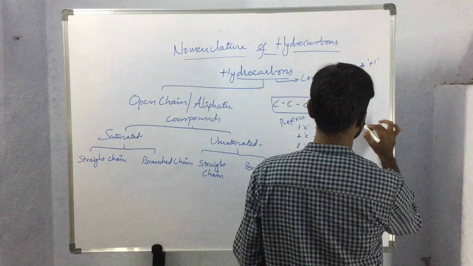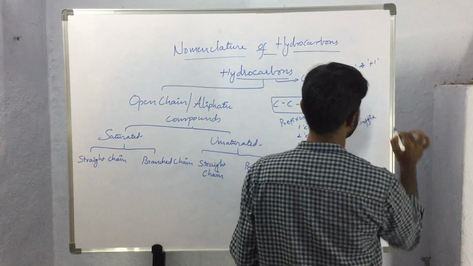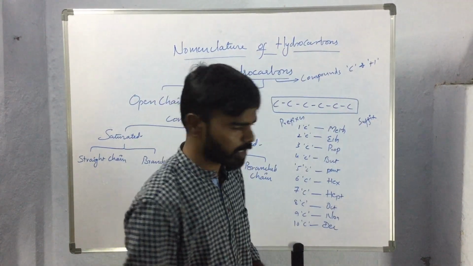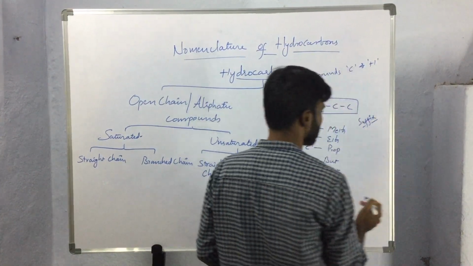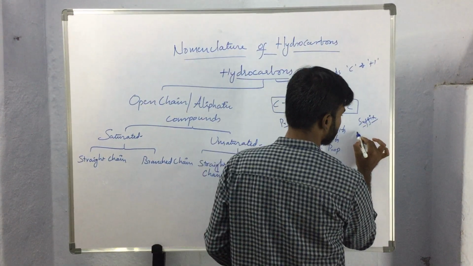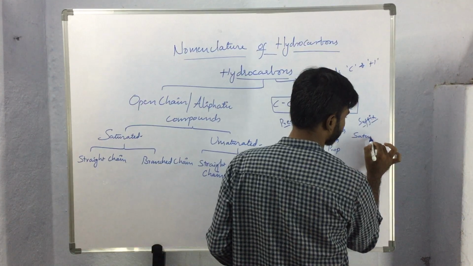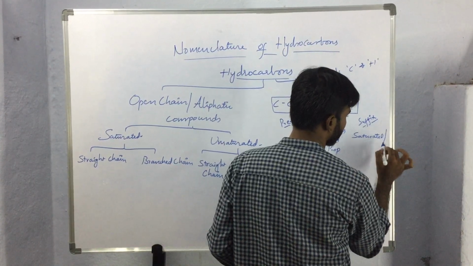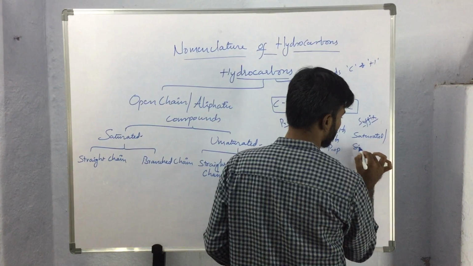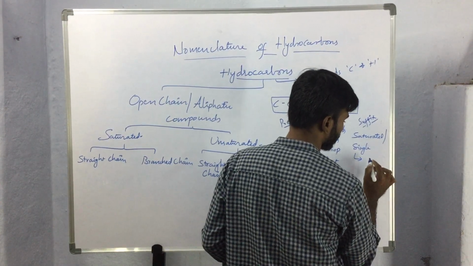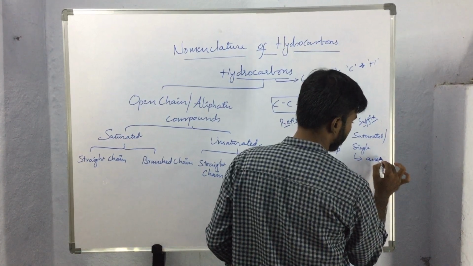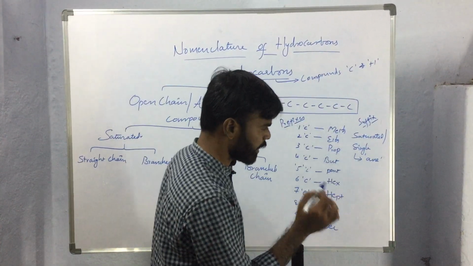Coming to the suffix, this indicates the nature of the compound. That means the state of saturation, so far what we discussed. If the compound is saturated, or we can say if it contains single bonds only, then the suffix that we use is "ane", A-N-E.